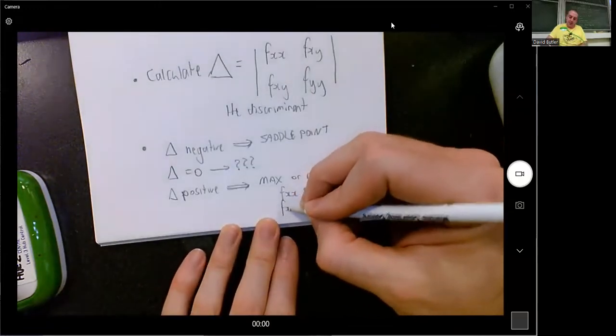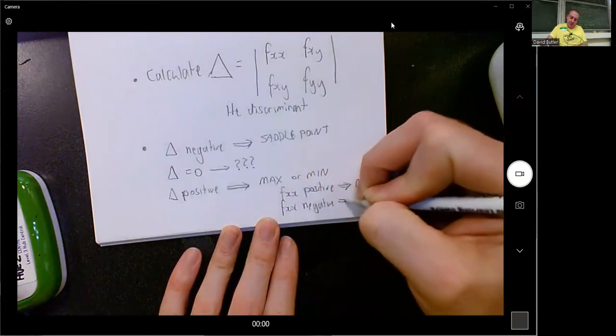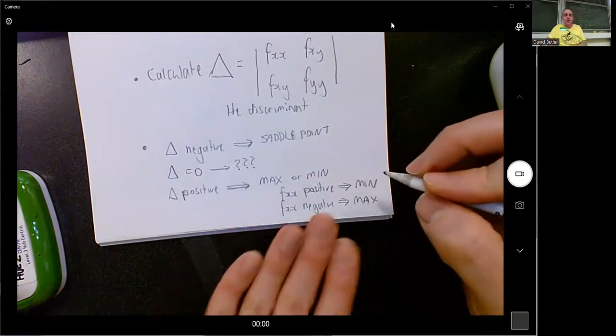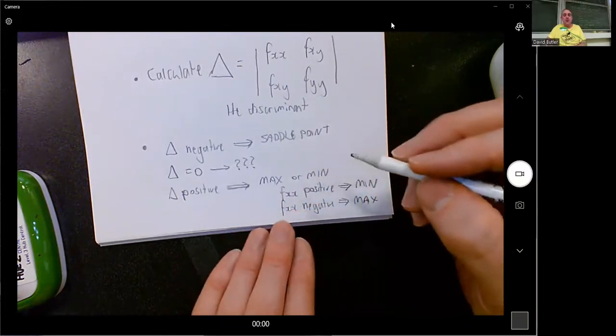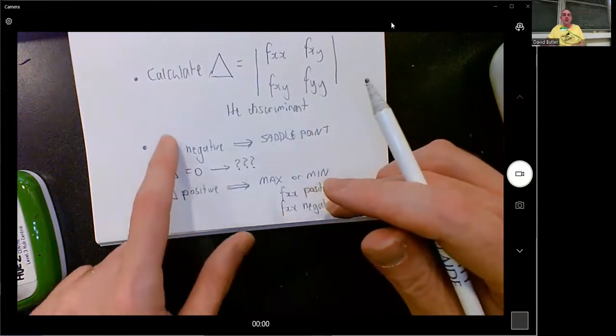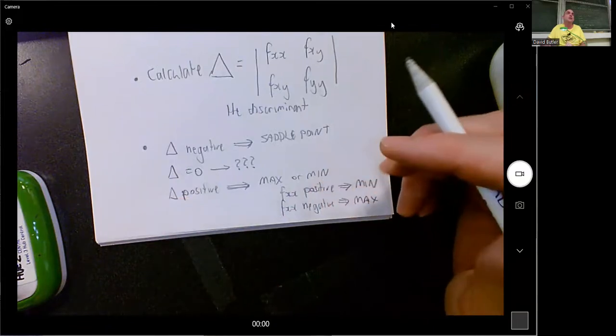And if fxx is negative, then it will be a maximum. And we don't have to consider what happens if fxx is 0, because if fxx is 0, then you're guaranteed to get one of these two options. So that actually can't happen in the positive case. So that's good.